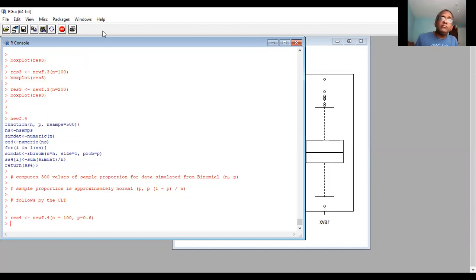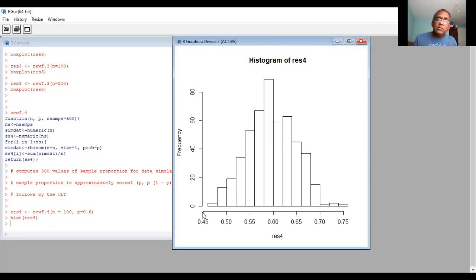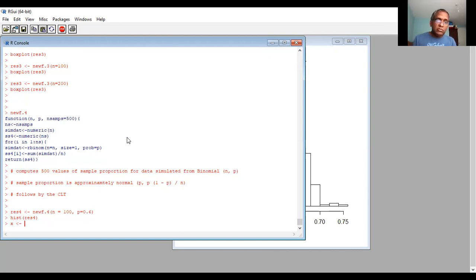If you have a question, please let me know, all right? And then I'll do a histogram of this, and this is what you will get. The x-axis goes from 0.45 to 0.75. So you choose x to go from the sequence 0.45 to 0.75 in steps of this.